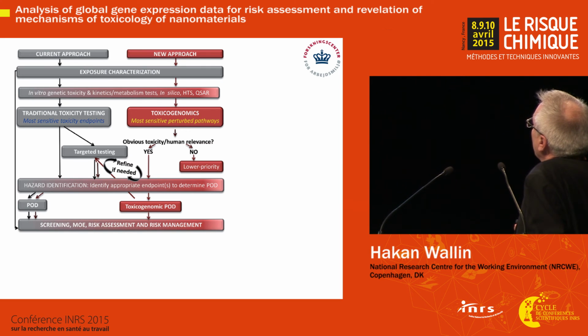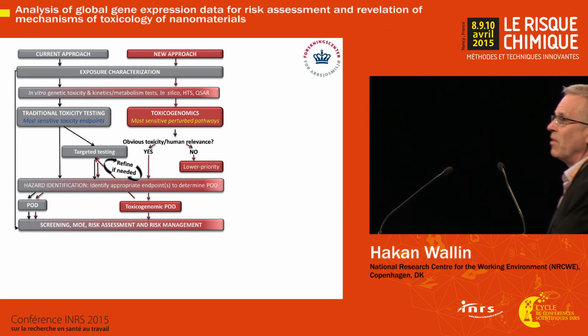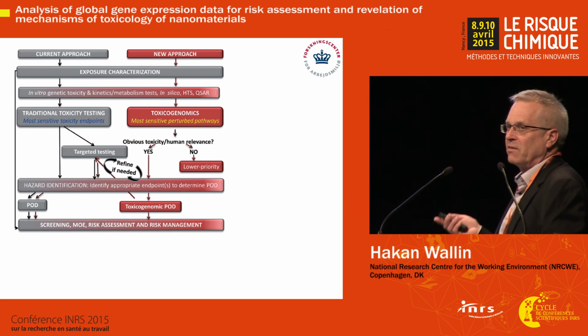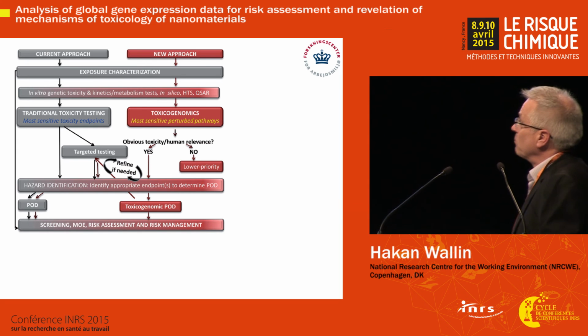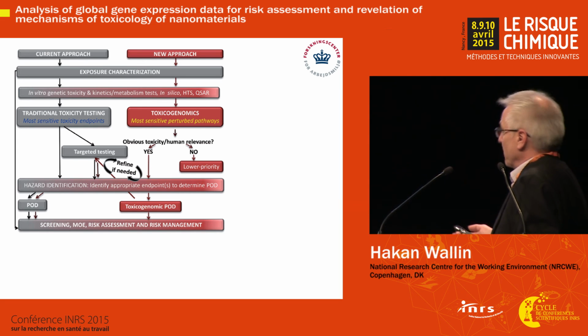And they did a quantitative risk assessment based on the two approaches. And they are very, very close in doses, in the benchmark doses that produce the departure from baseline here. So this is an example of transcriptomics, and you can mention also metabolomics or proteomics, which can be used in risk assessment today.